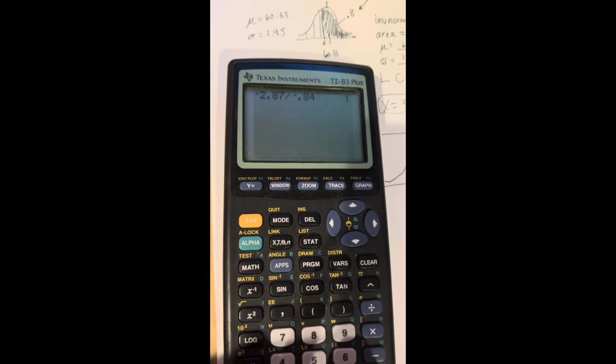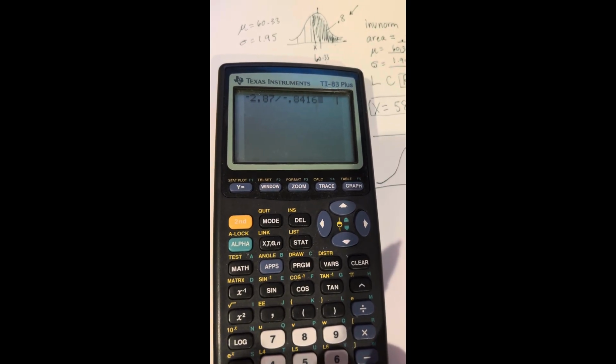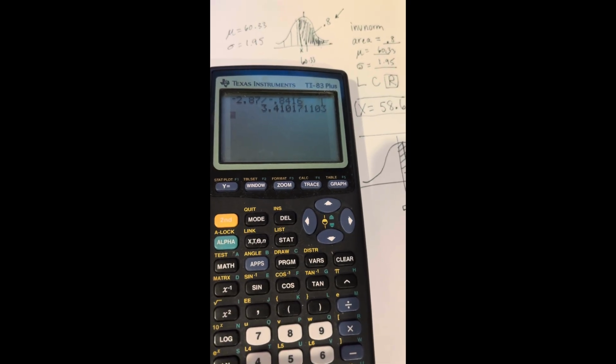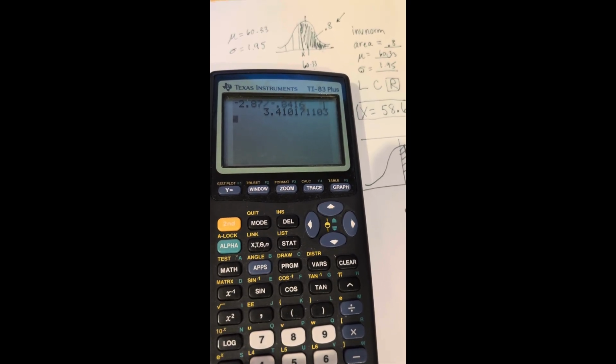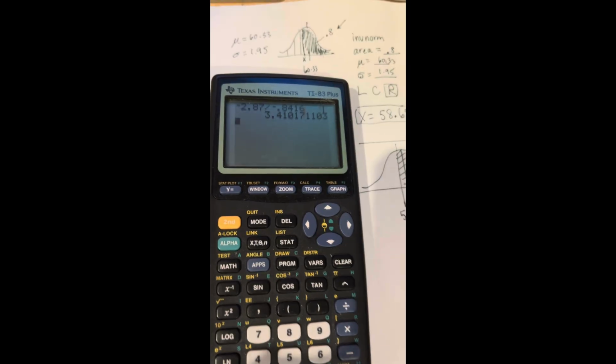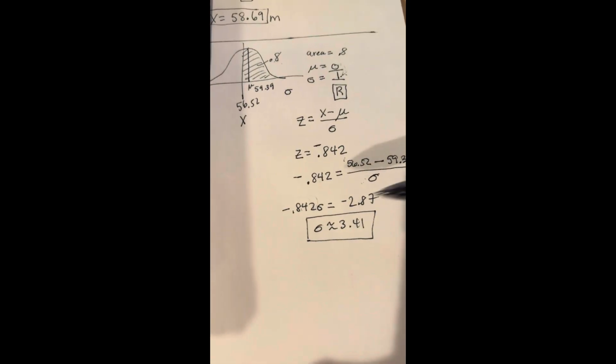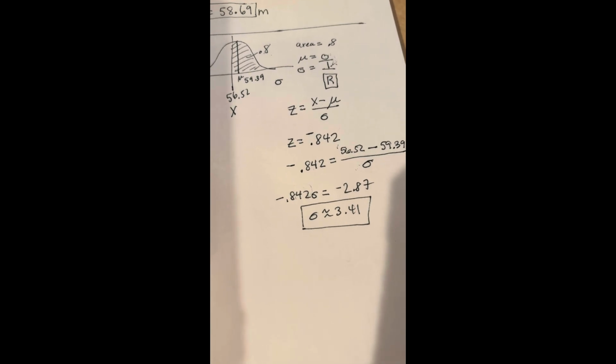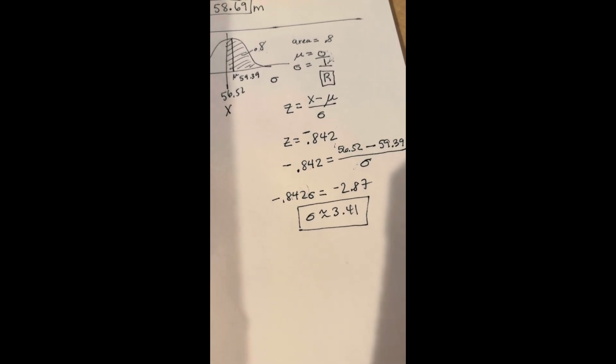It was like 1.6 blah, blah, blah. Okay, so approximately 3.41 is what I'm getting, but if you use the unrounded, it might still round to this, or you'll get something more accurate. So that is part B, hopefully.